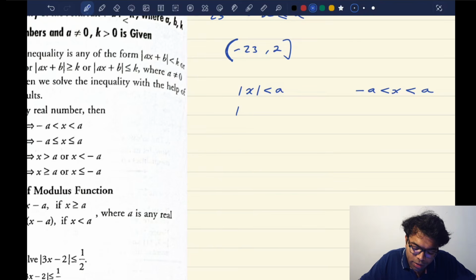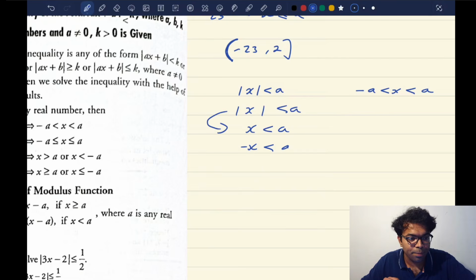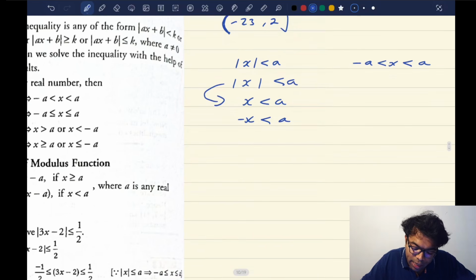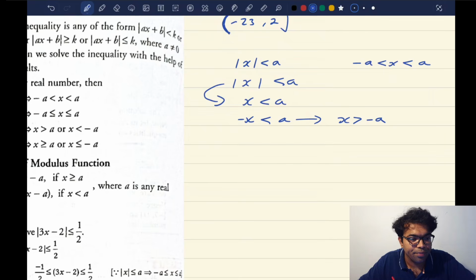Modulus of x is less than a can be written as x is less than a or minus x is less than a. And then this minus x is less than a can be written as x is greater than minus a.